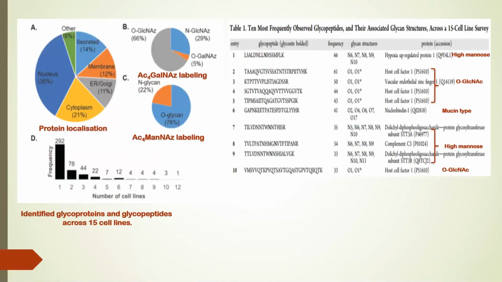The protein localization, labeling, and frequency of the identified glycoproteins and glycopeptides were also studied. In this graph here, we could see that approximately more than 60% of the proteins are intracellularly localized.